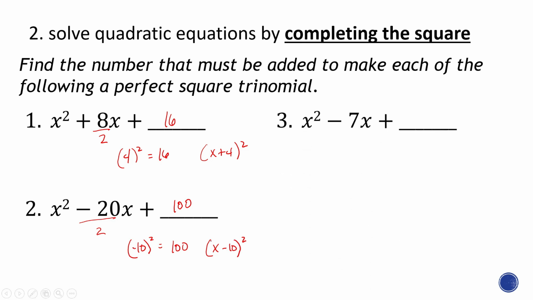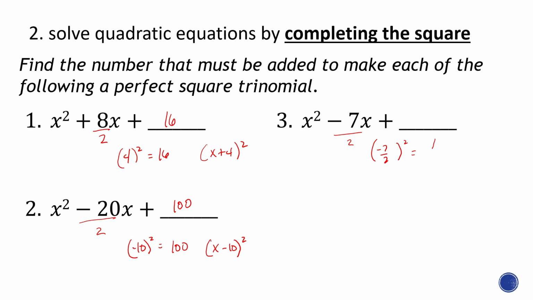Third example, we have x squared minus 7x plus, what is that number that will make this a perfect square trinomial? Now this is an odd number. We divide that by 2. It's going to be decimal. It's negative 3.5. But in some cases, it depends on the teacher. Some teachers prefer decimal, some teachers prefer fraction. In my case, I just want to keep it as a fraction. So that's negative 7 over 2.